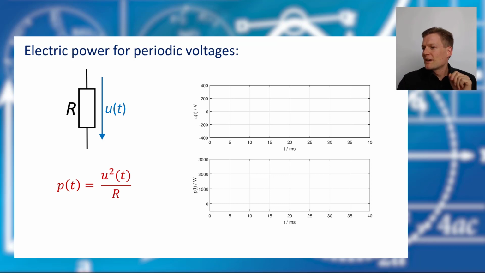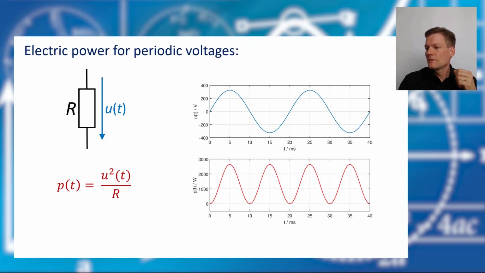And I prepared an animation. In the upper graph we will see our sinusoidal voltage, and in the lower graph we will see the power consumption of our resistor. Okay, you see we have zero power when the voltage is 0, and we have a peak power when the voltage reaches its maximum value.